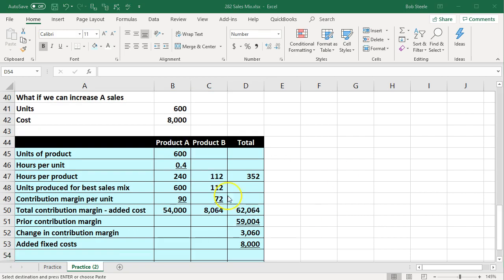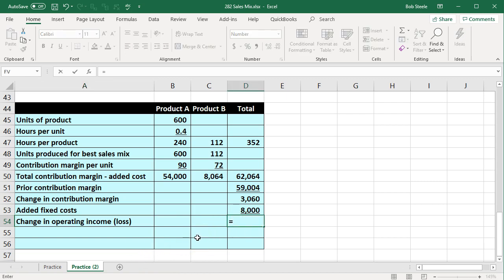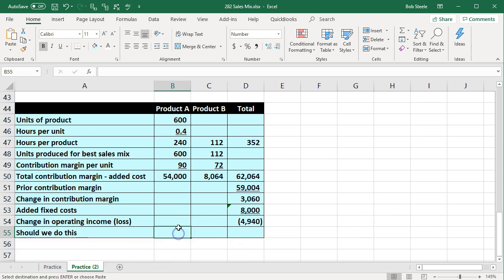And so the change in operating income then is going to be the 3,060, but then we're going to have to pay 8,000 to get it. So we got a negative change in operating income of 4,940. So that's not a good decision typically. So then the question, of course, is should we do this? I'm going to say no. This is not going to be a good decision typically because of that change.